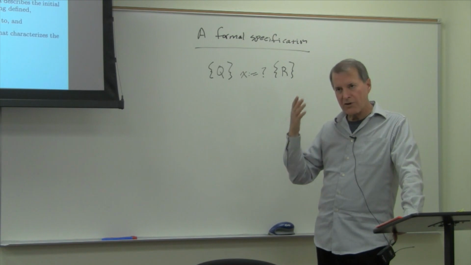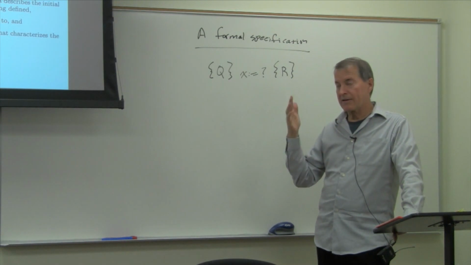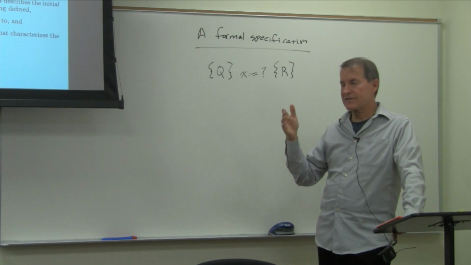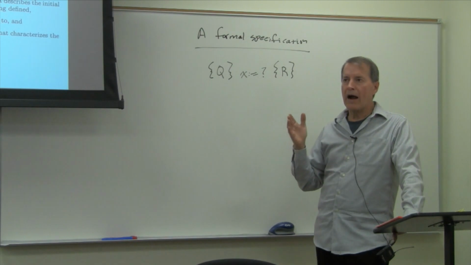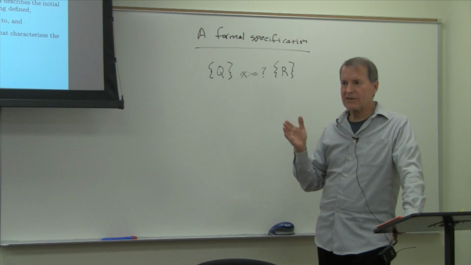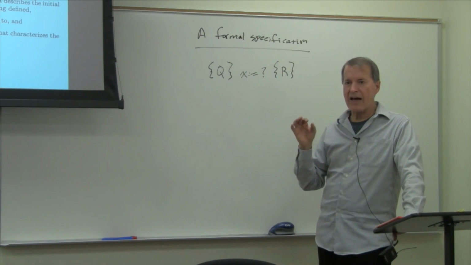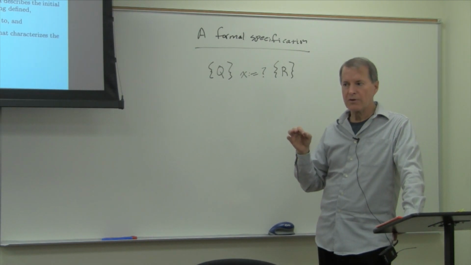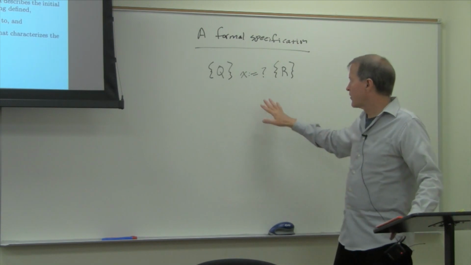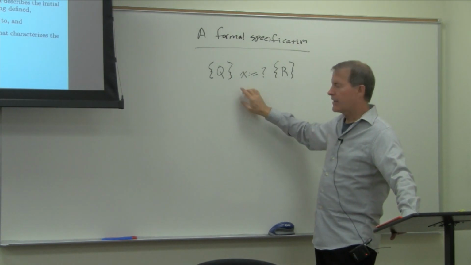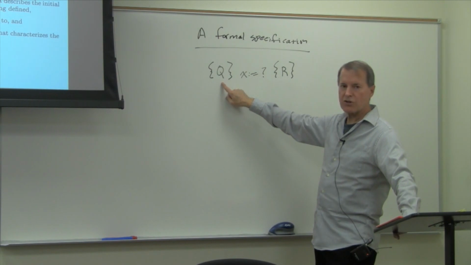Or maybe in your mind you want to write a program, and you think about it in English. The next skill that we need to learn is how to convert from English to formal methods, okay? So now, in order to write down a specification, tell me, this precondition Q, what is this Q?